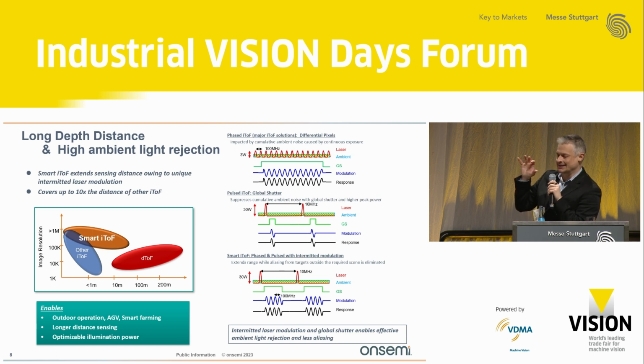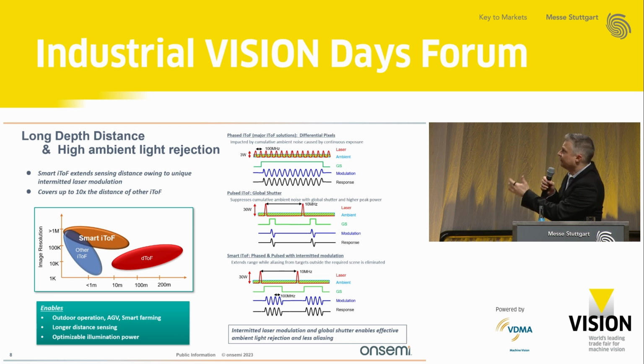That means the sensor is exposing during the entire time of that continuous wave. As a result, all of that ambient light from the sunlight has more time to introduce noise into the image.